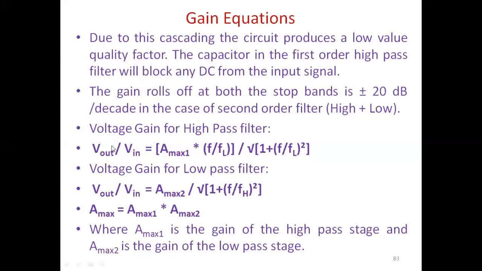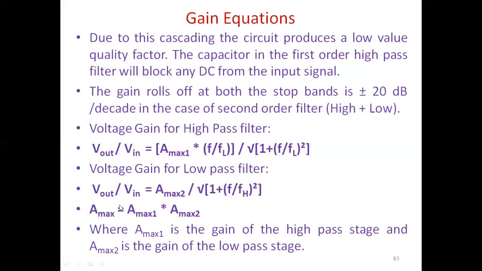Now, the voltage gain for the high pass filter is given here separately. This equation is almost similar to the voltage gain of the high pass filter we have discussed earlier. So V output by V in equals A max 1 into F by FL divided by root of 1 plus F by FL the whole square. Then the voltage gain for the low pass filter is A max 2 divided by root of 1 plus F by FH the whole square.